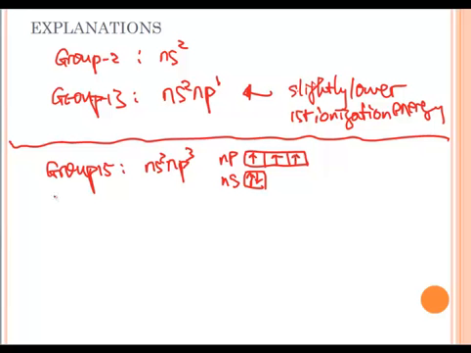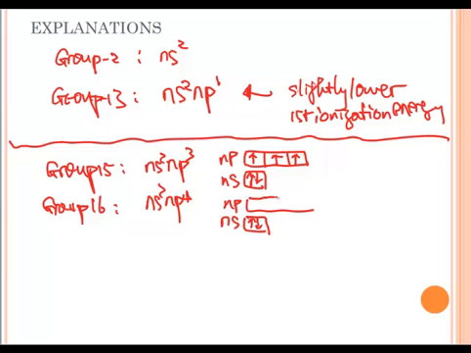Group 16 has ns2 np4. Similarly, the orbital notation will be ns, up and down, np. You have 3 of them. Now the case is up, up, up, and the 4th one has to come down to one of the p orbitals and pair up.